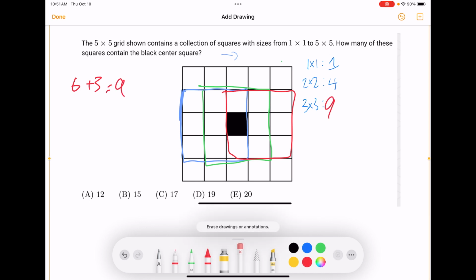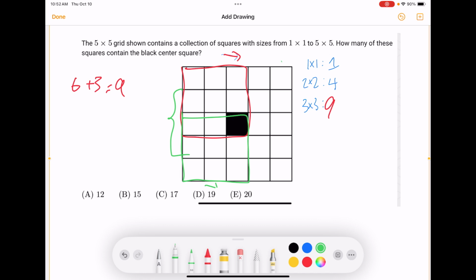You see how we didn't leave anything out or miscount, because we started with the corner ones and went this way, and then went down all the way to the corner ones. And then we left out the middle segment, which had 3 as well. So you have a total of 9.